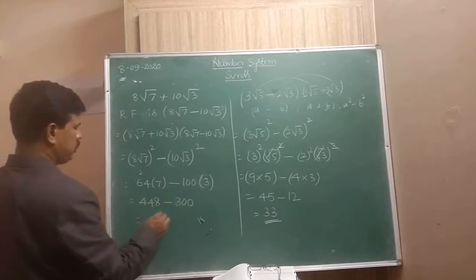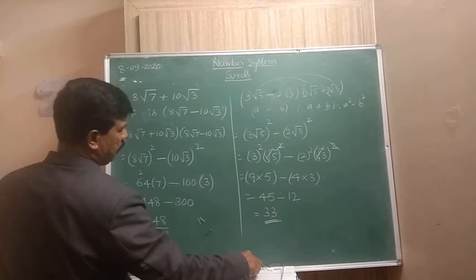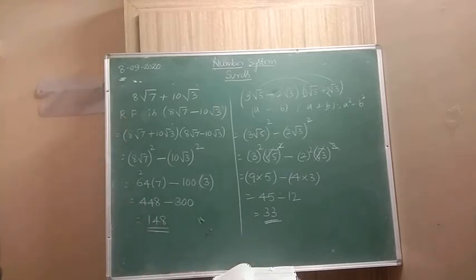Now this is 448 minus 300, 148. Here this is how to take the RF of a binomial surd. So the RF of a binomial surd is the surd with the numerical coefficient as it is. Clear? Now I am showing how to rationalize the denominator.